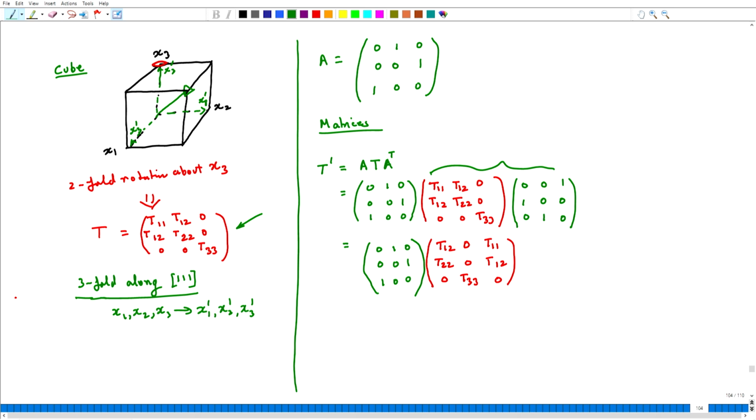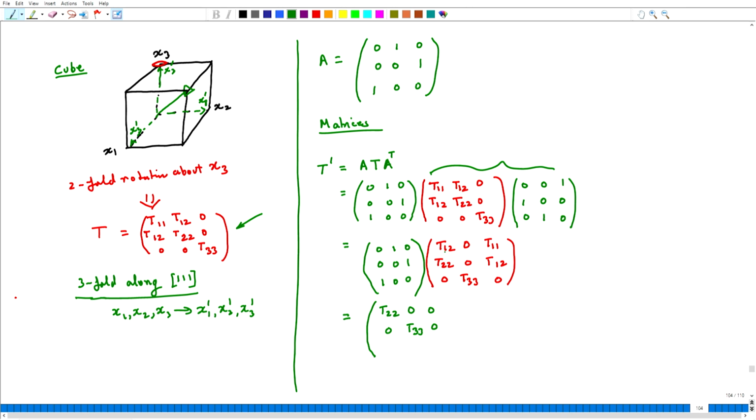Now, if I multiply these two, I will get first row, first column, T22, first row, second column 0, first row, third column 0, second row, first column 0, second row, second column T33, second row, third column 0.